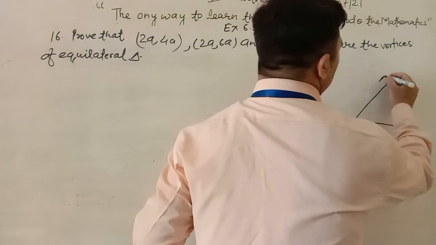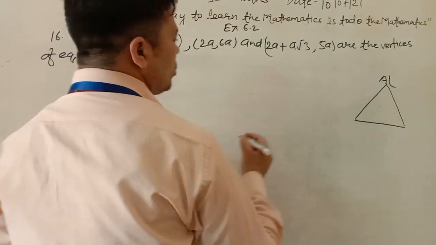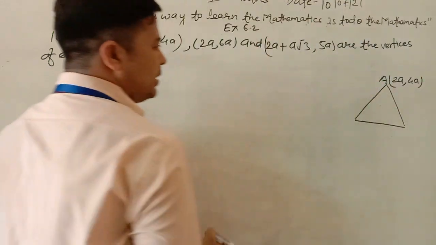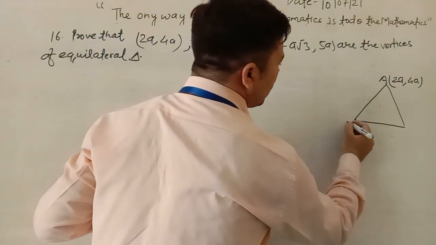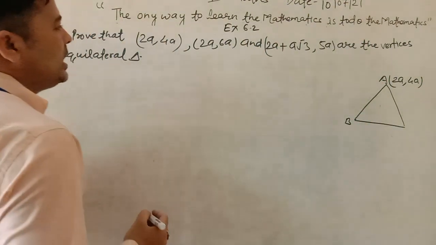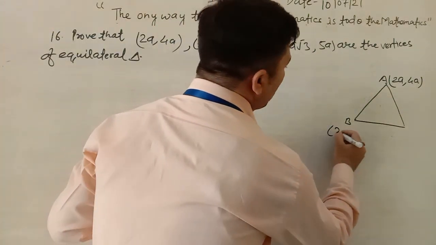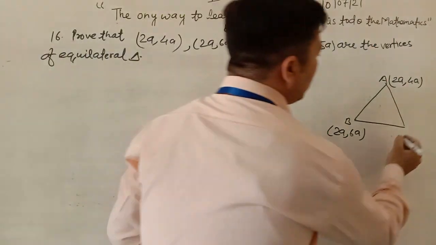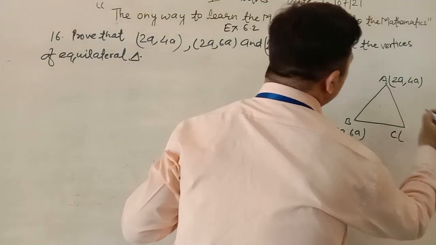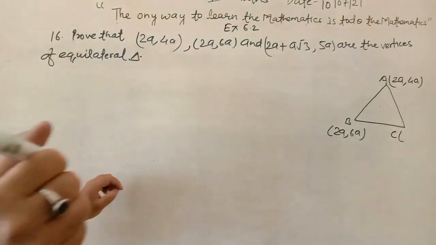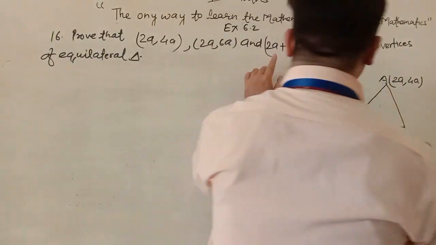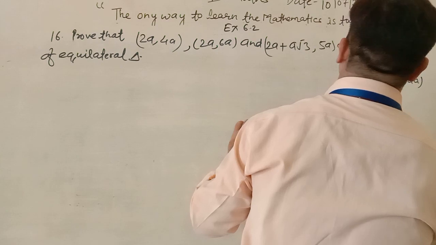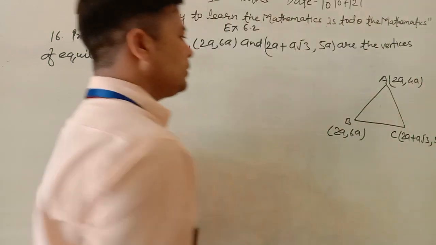Suppose point A has coordinates (2a, 4a), point B is (2a, 6a), and point C has coordinates (2a + a√3, 5a).